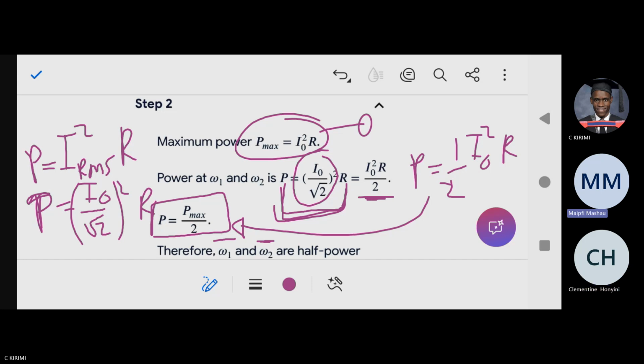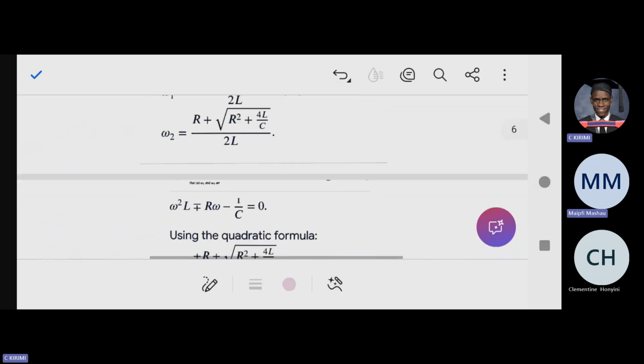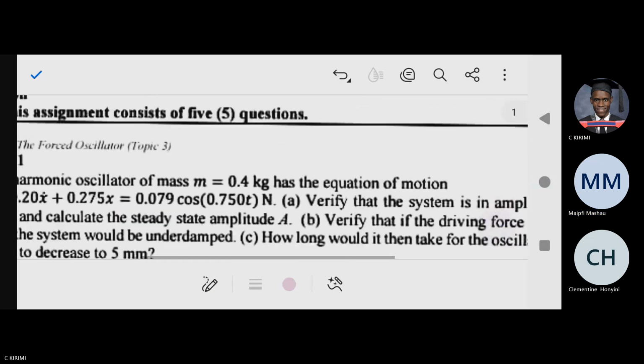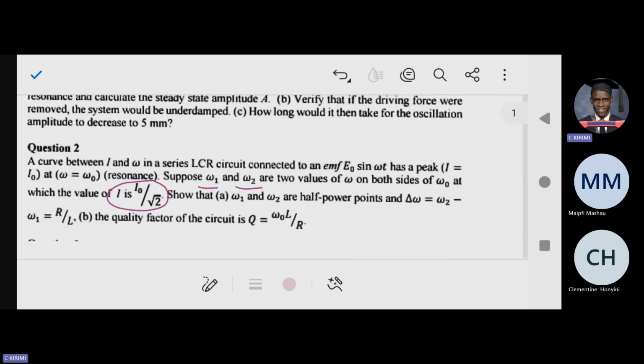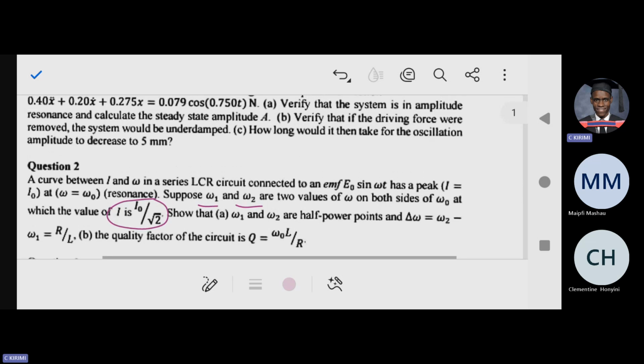The I naught over the square root of 2 was given in the question. You were told that suppose W1 and W2 are 2 values of omega on both sides of W naught, at which the value of I at W1 and W2 is I naught over root 2.